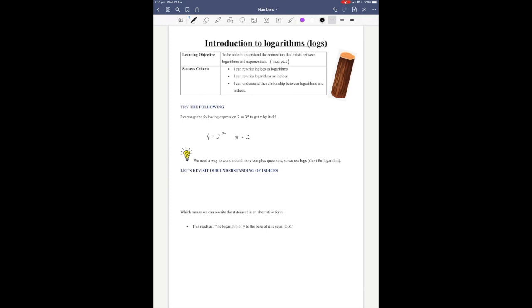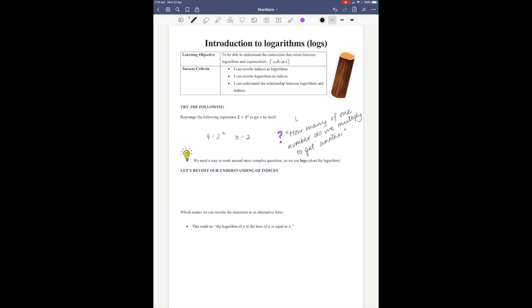So put simply, logs answer the critical question, how many of one number do we multiply to get another? So I'm going to put that down because I think that's really important that you understand. So the critical question here is how many of one number to get another.